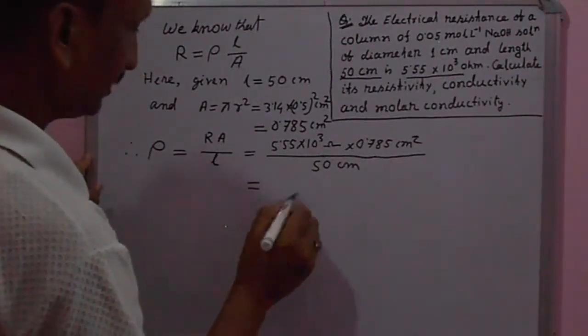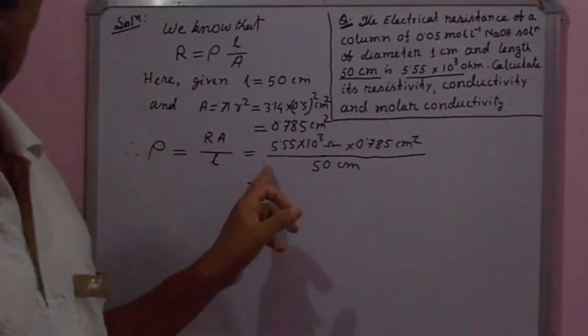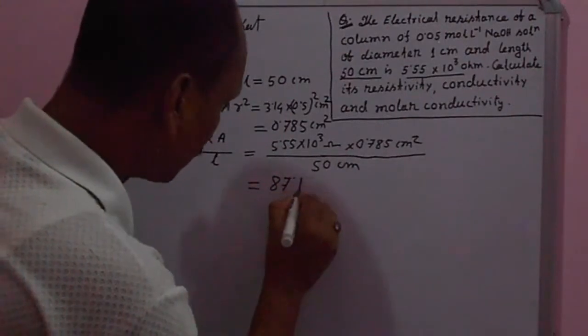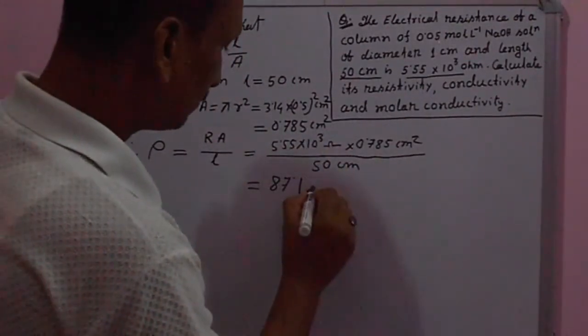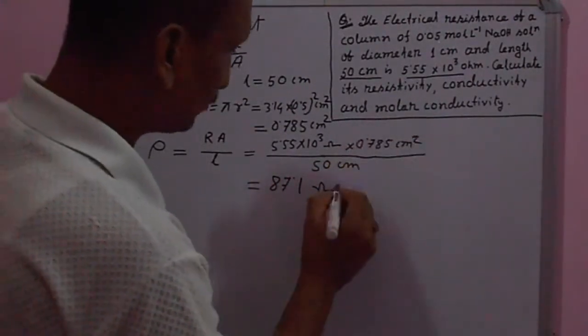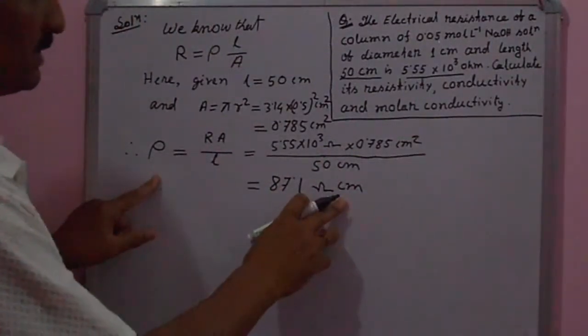So if you do the calculation, then it will come out 87.1 ohm centimeter, because centimeter square by centimeter gives centimeter. So this is the resistivity.